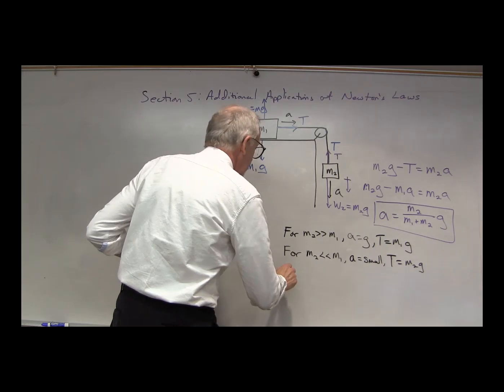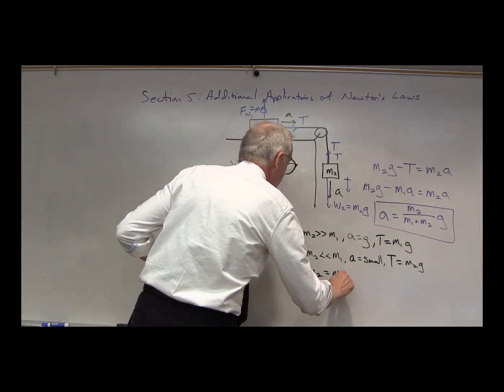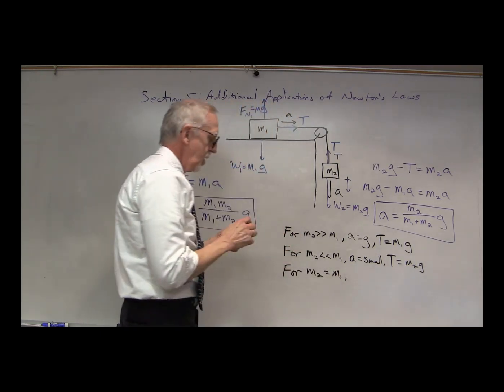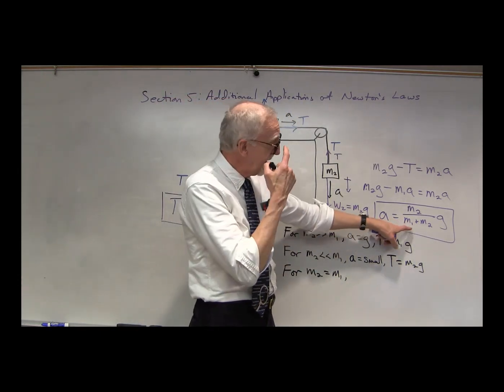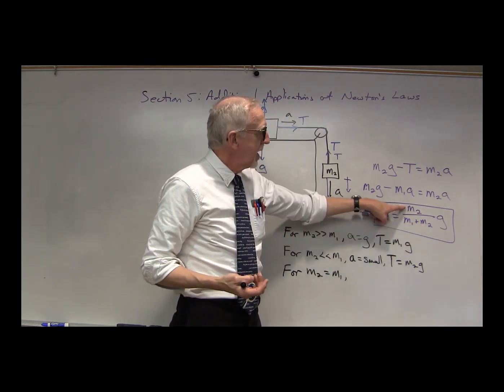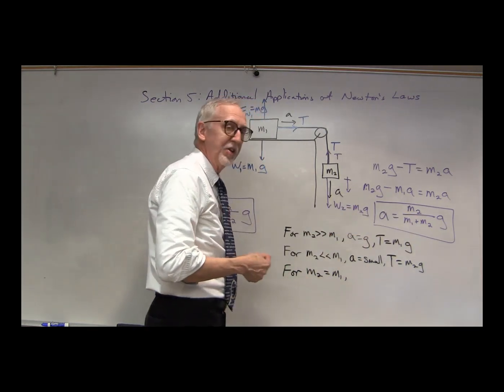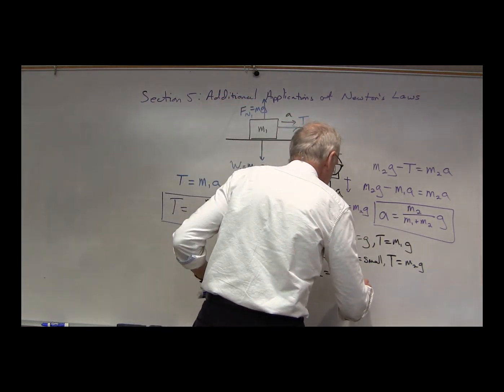What about for equal masses? For m2 equal to m1, what do we get? Well, if m2 equals m1, m1 plus m2 will be 2 times m2. m2 over 2 times m2, the m2's cancel, and we get 1/2. We get an acceleration of 1/2 g.